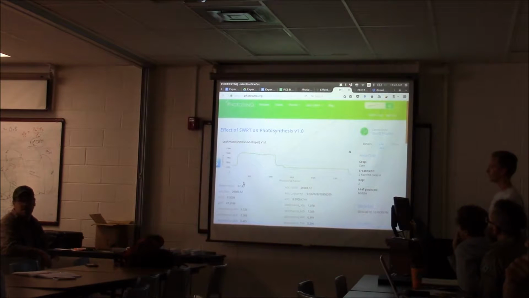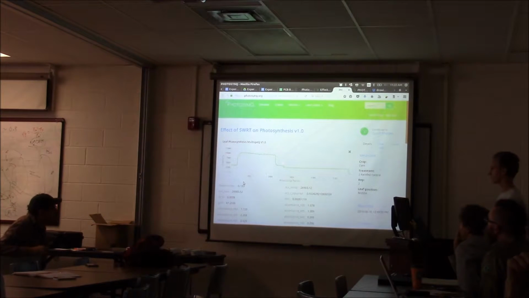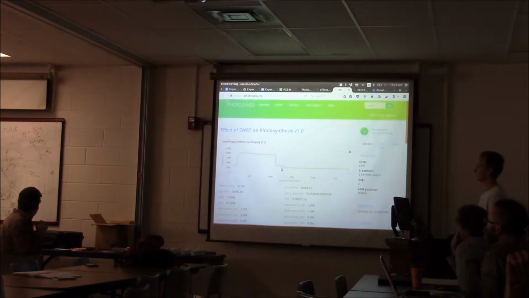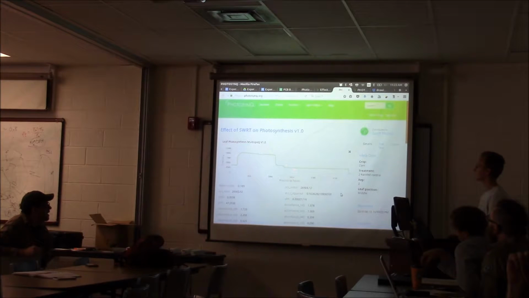Can I comment about this thing just a second? Because I didn't talk about it. When we look through all the data sets, I told you about the one signal that we found that was interesting. The other one was what happened in the dark. If you zoom in on this, you're going to see that it's creeping up and up and up. And that only happens in certain situations. That's because of a process called cyclic electron flow, probably. And that seems to be a very interesting parameter that's already being measured that nobody's studied.